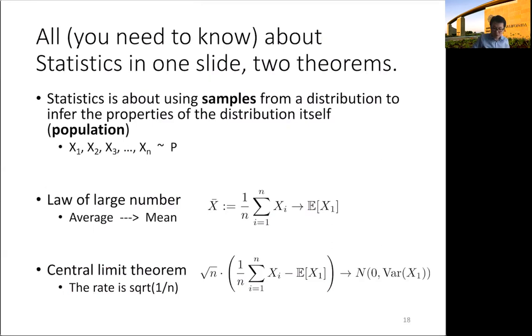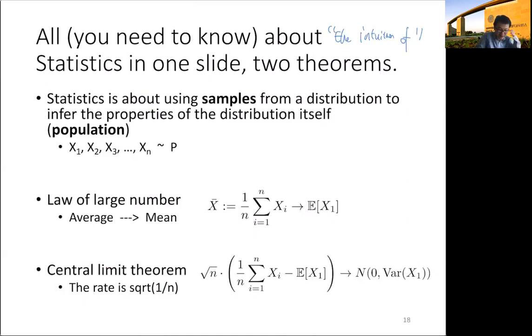Okay, so now we move to the second part of the lecture, which is statistics. Statistics is hyper important, obviously, and luckily, all you need to know, at least the intuition of statistics, in one slide is just two theorems. Statistics deals with samples that you are drawing from some probability distribution.